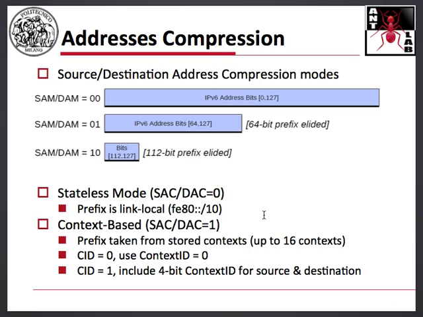Then you have the usage of these SEC and DEC fields, which tell you whether the address compression which you are performing is, let's say, stateless or context-based, which means that basically, besides these three ways of compressing the addresses, you may define different contexts, okay, by specifying, for example, what is the amount of bits of the prefix you want to elide in your IPv6 header, okay?